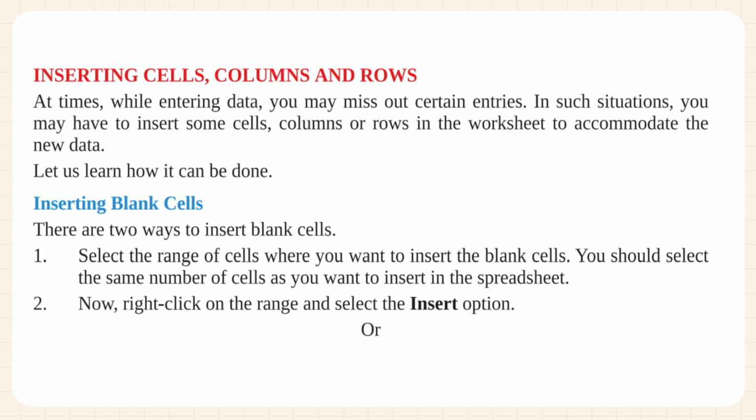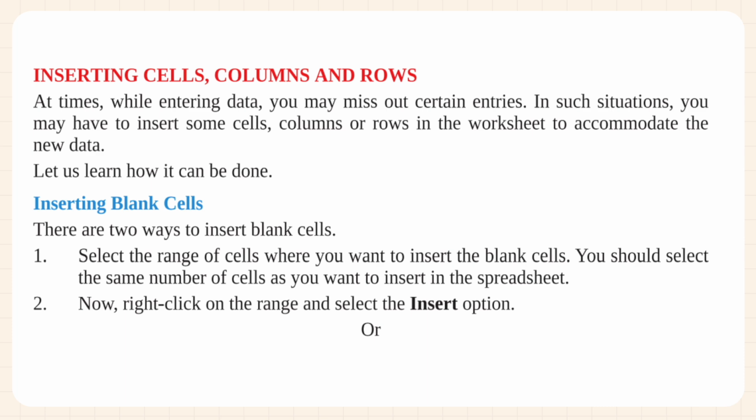Inserting blank cells. There are two ways to insert blank cells. 1. Select the range of cells where you want to insert the blank cells. You should select the same number of cells as you want to insert in the spreadsheet. 2. Now, right-click on the range and select the Insert option.